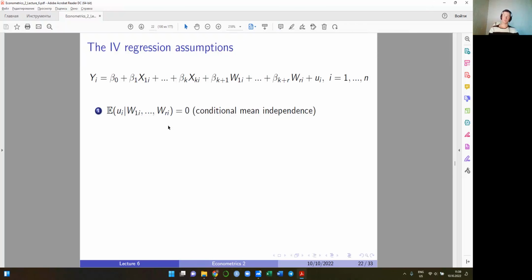There are some assumptions for this regression. The first assumption is familiar: conditional mean independence. Conditional on control variables, the expected value of the error term is 0. That is why we include these control variables.